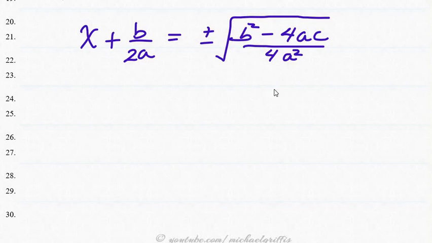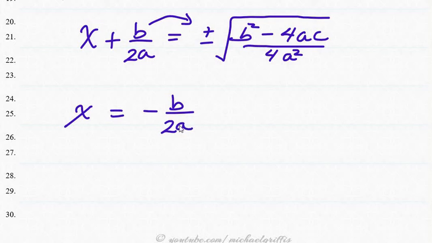So we can actually rewrite this. And while we're doing that, I'm going to take the b over 2a over here to the right, which makes it negative b over 2a. That's the way I see it, but technically you're subtracting b over 2a from both sides, so always keep that in mind.